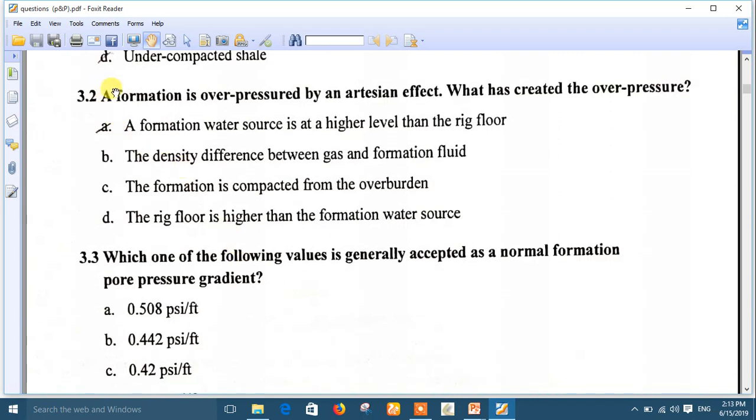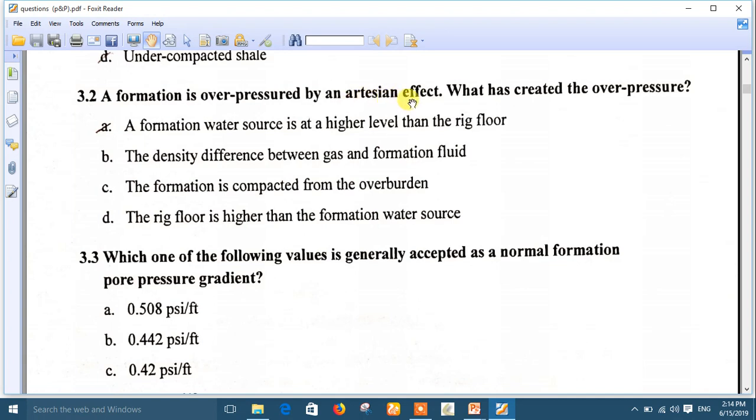Question number two. A formation is overpressured by an Artesian effect. By the way, we will talk in detail about the causes of kicks, and one of the causes is the abnormal pressures in the zones.